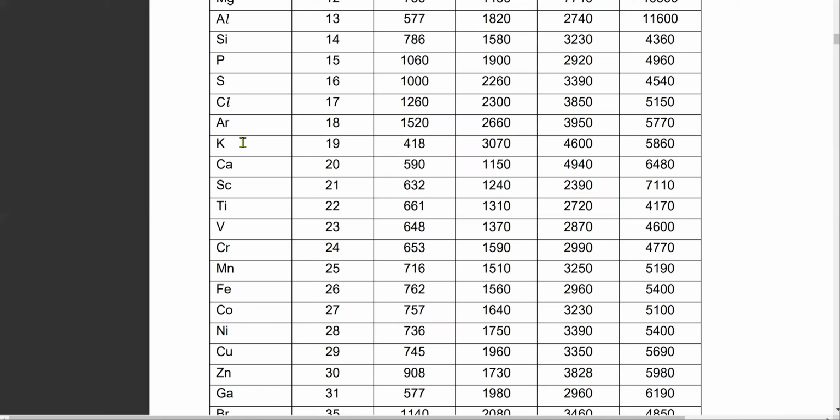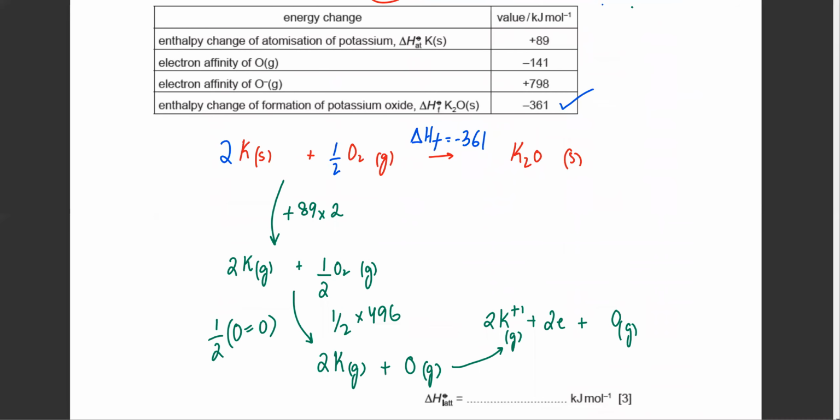Potassium only loses one electron, so that's 418 only. Always remember this first column is for the atomic number. It's not the ionization energy, so it's 418 only. So this would be 418, but multiplied by 2 because you've got two potassiums. Remember that each of the potassium is just losing one electron, so it's only 418, but multiplied by 2.